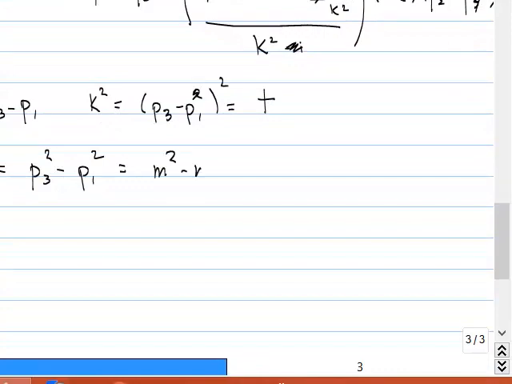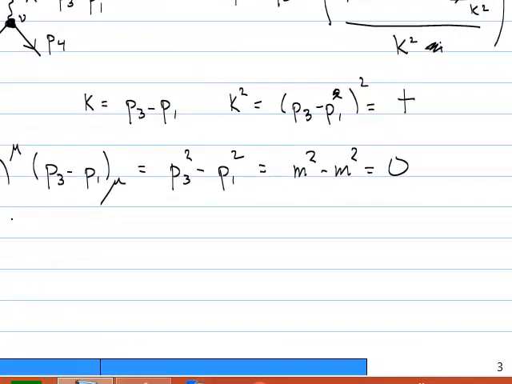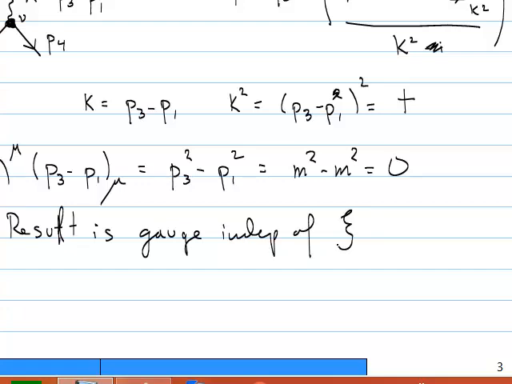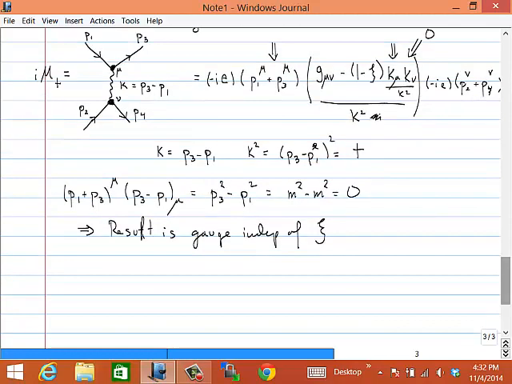So this is m squared minus m squared, which is equal to 0. So what does that mean? That means that this term over here is just equal to 0, and the result is independent of the parameter psi, as I promised you it would be. Okay. So this is a very simple example.